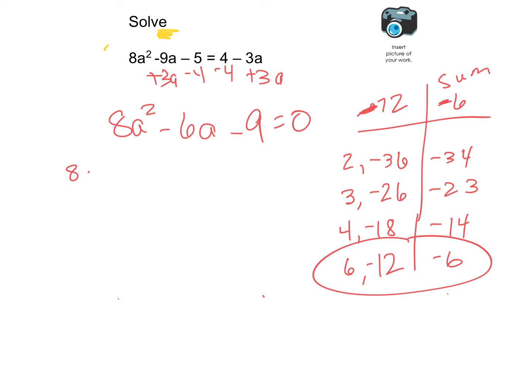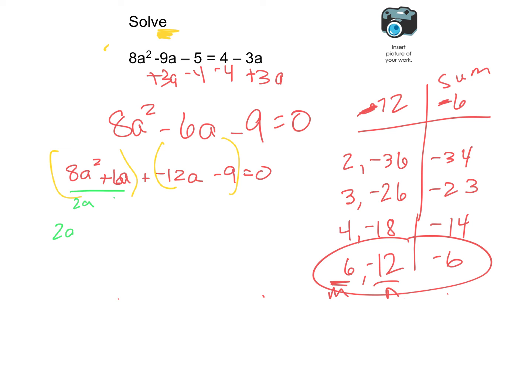So my first term stays exactly the same. My second term, this is my m, this is my n. I'm going to group those and pull out the greatest common factor of each binomial. So that's 2a.